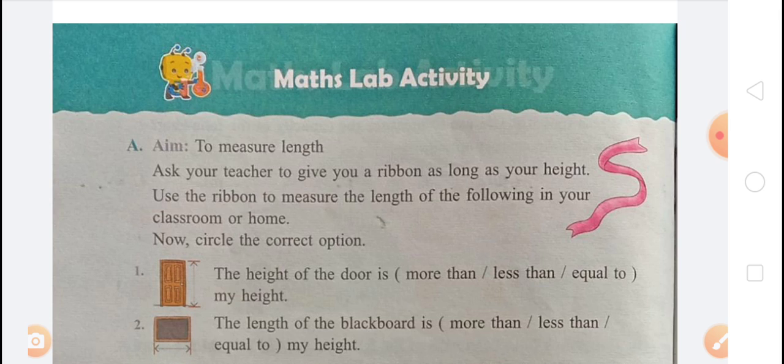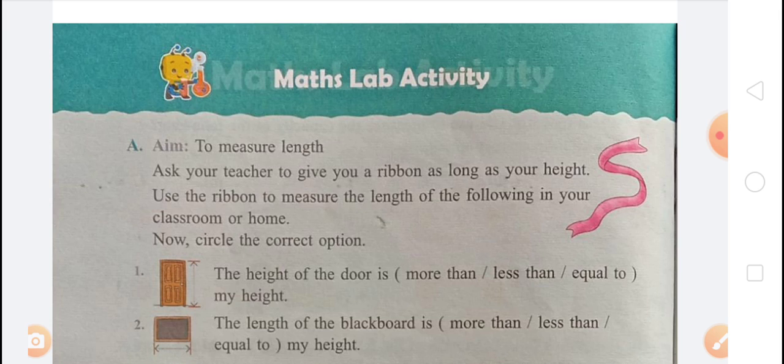Next is measurement of weight. We can measure weight with the help of different units, like gram. Gram is a unit of weight, and we use gram to measure light things like 500 gram, 200 gram, 100 gram, 50 gram.